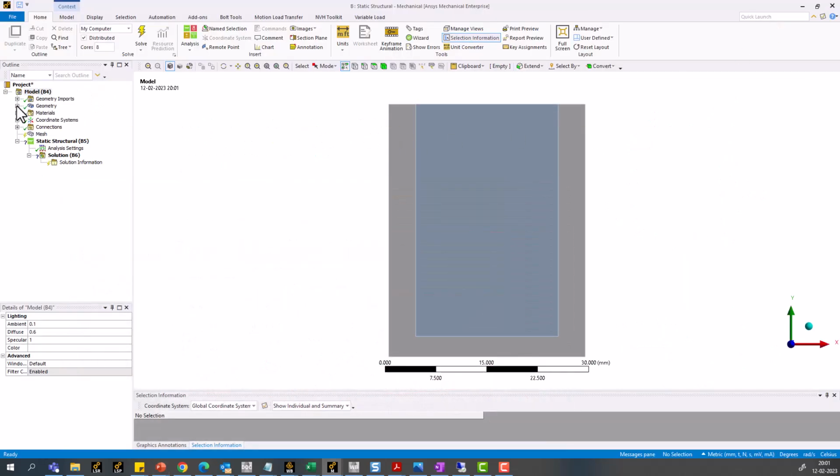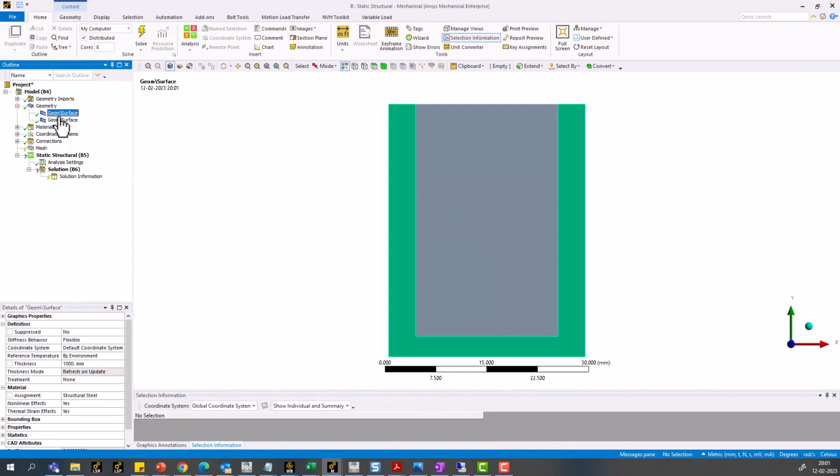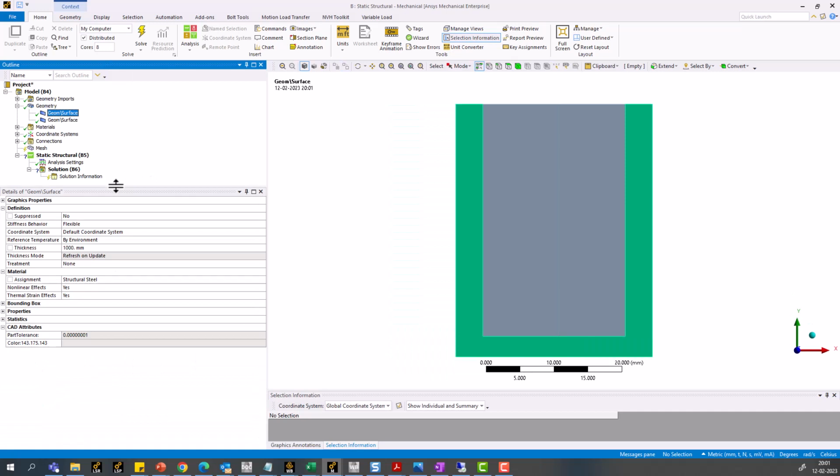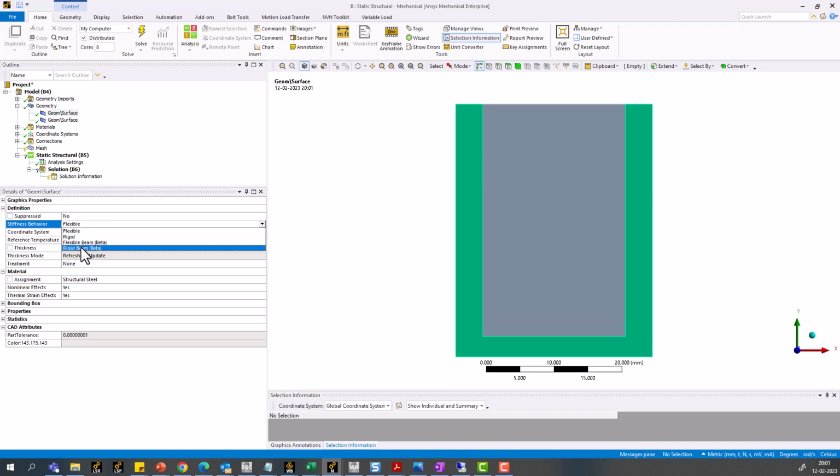If you go to the geometry tab and click on any of these parts, you can see that here we have an option to control between different types of behavior for that specific part, like flexible, rigid, body, beam. These are available once you activate the beta features. For this case, let's first confirm that the assumption we are using is plane stress, not plane strain or axisymmetric formulation.